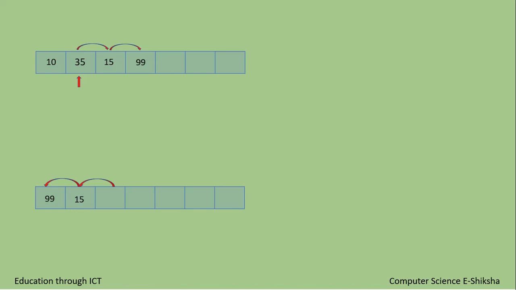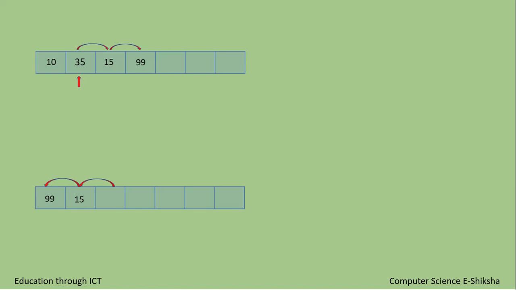But this is the most inefficient way of dealing with the data, because imagine we have an array of 1 lakh elements, and if I want to delete any element which is located at the second location or third location, then we need to perform that much shifting operation just to insert or delete a data. So we are not spending time on the insertion or deletion operation, but rather we are spending time on shifting the data to store it correctly.